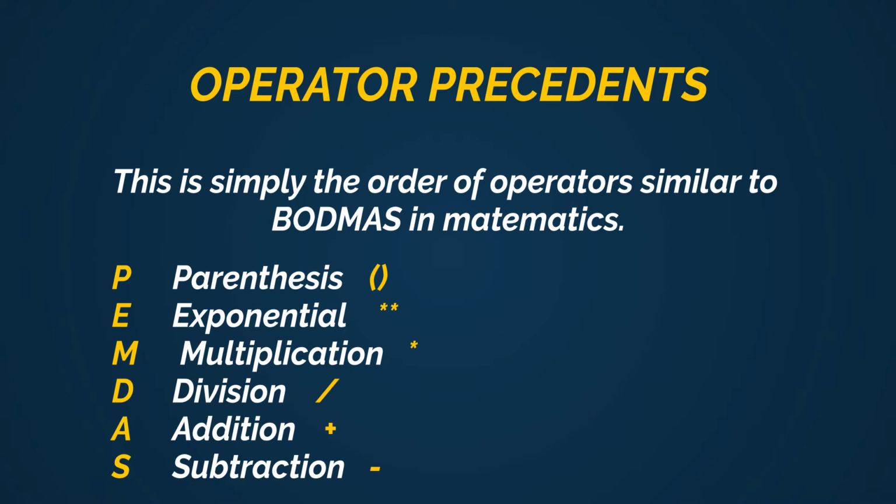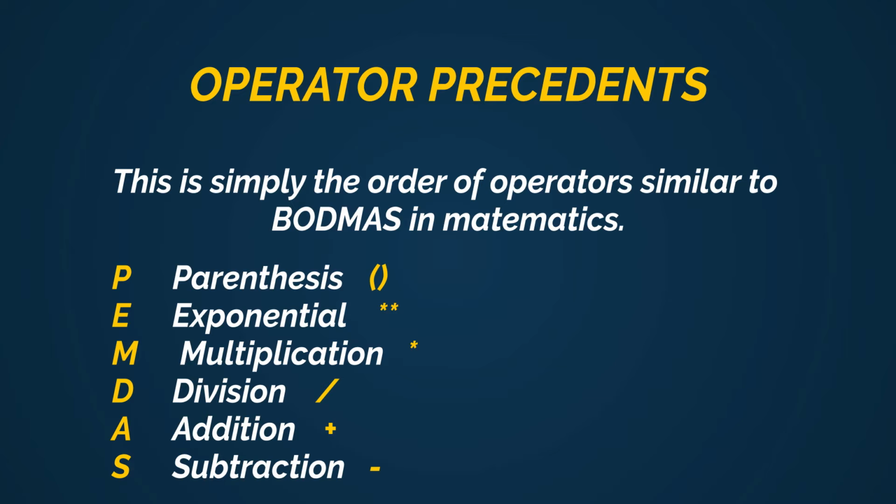But first of all, let's look at what we call operator precedence. This simply is the order of operations. Just like we have what we popularly call BODMAS in mathematics, which stands for bracket, order, division, multiplication, addition, subtraction, we also have what we call PEMDAS. The P stands for parenthesis, which is what we popularly call bracket, but in programming we refer to it as parenthesis.